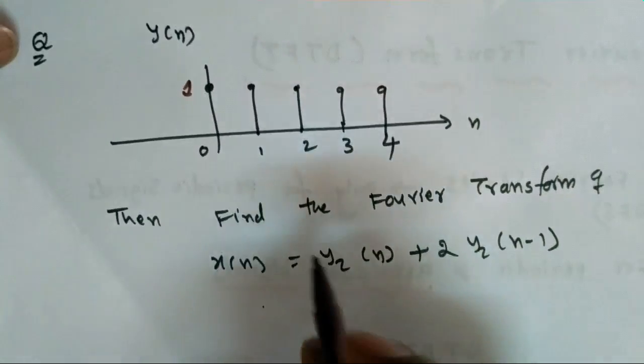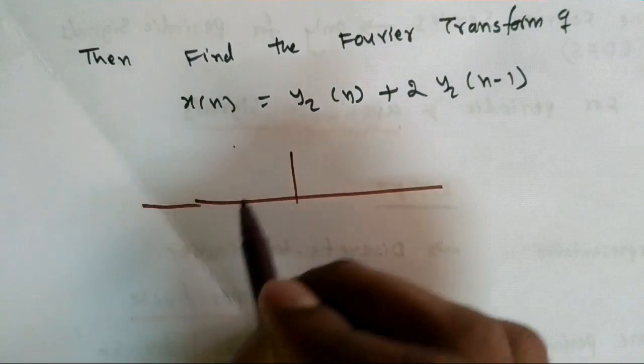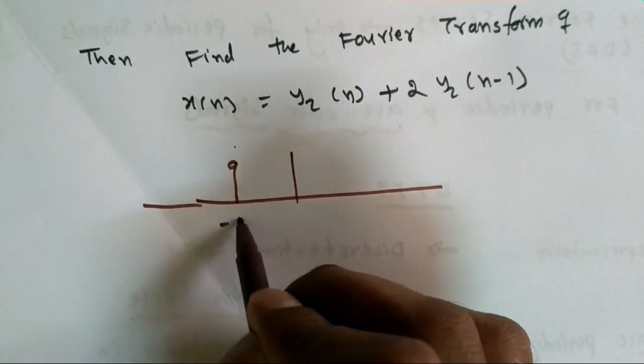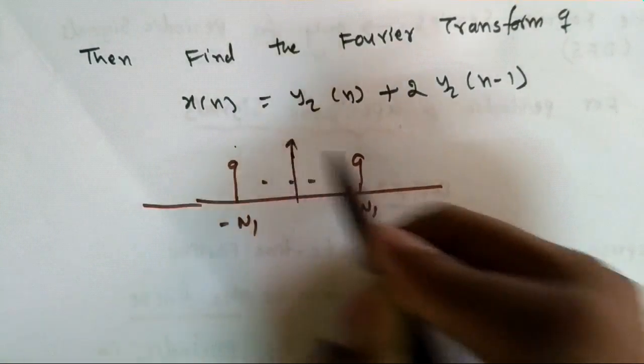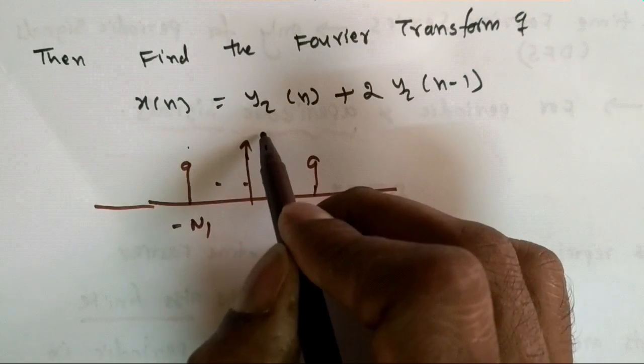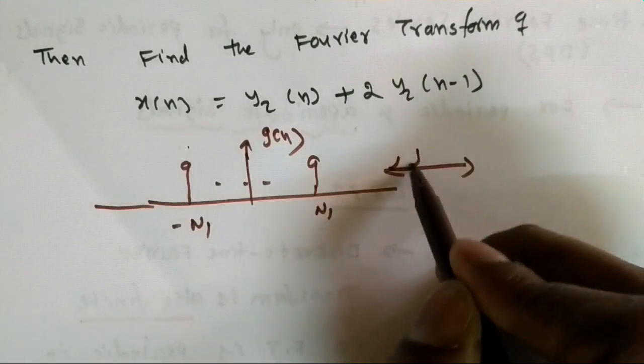So y of n is this one, but we have discussed the rectangular pulse, that is from minus n1 to n1, some signal, suppose g of n, right? Now what is the Fourier transform of this signal?